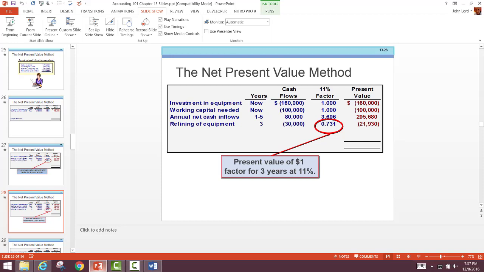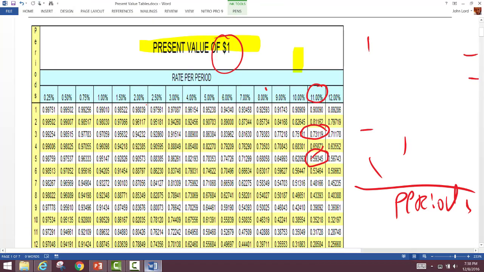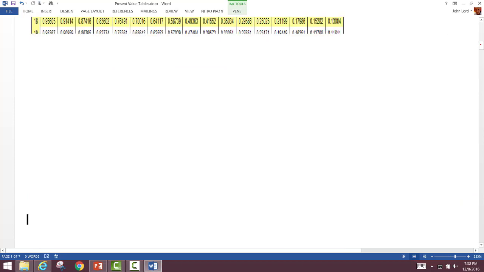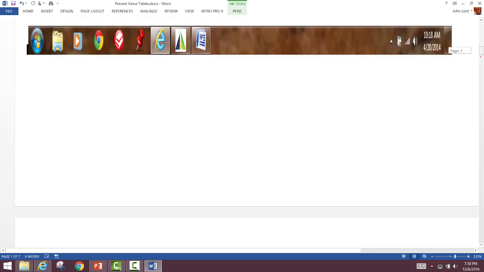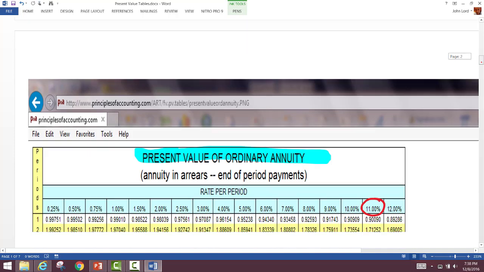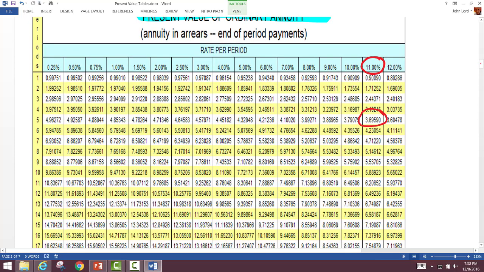So we'll get 80,000 in year 1, 80,000 in year 2, year 3, year 4, year 5, whereas the 30,000 only comes out in year 3. Okay, so for the present value of the annuity, we had to use the present value of the annuity table because what? Because it's more than one payment. And this table contemplates more than one payment, doesn't it?